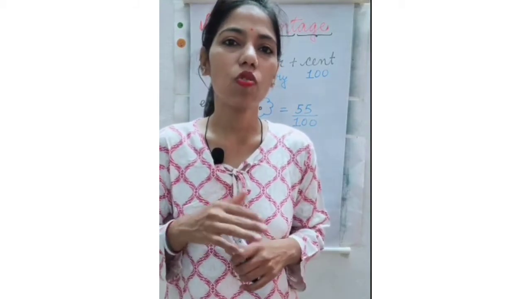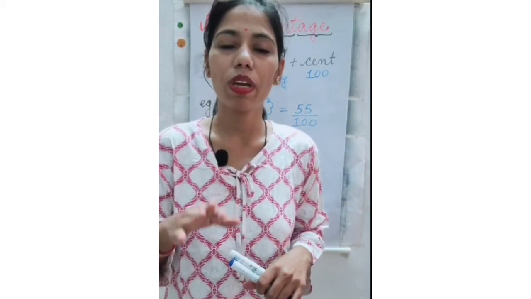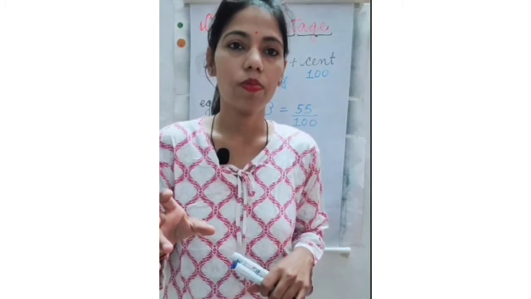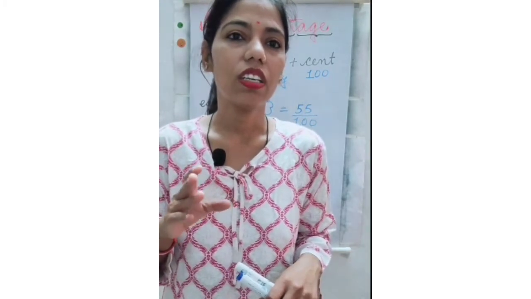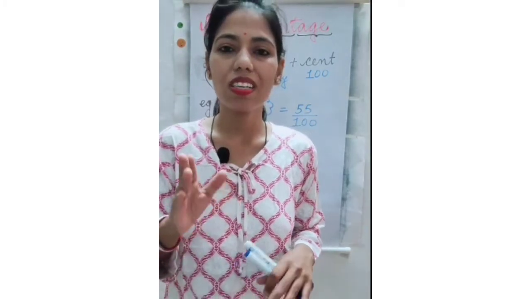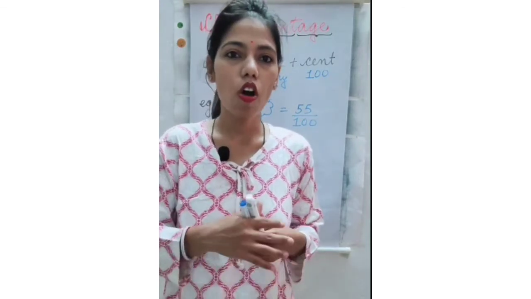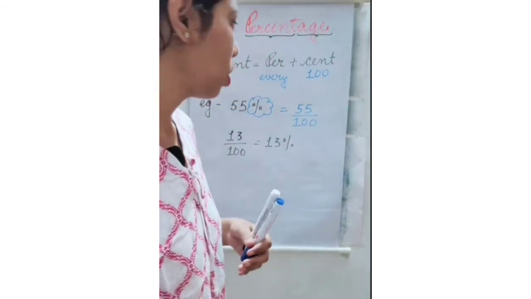And out of those square boxes, we have to find out how many boxes are shaded. So 10, 20, 30, 40, 50, 52 boxes are shaded. So in the form of fraction, how will we write it?